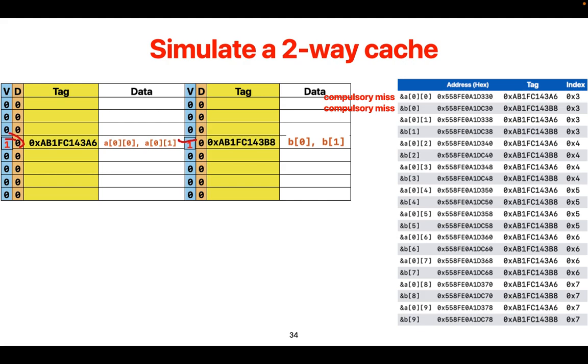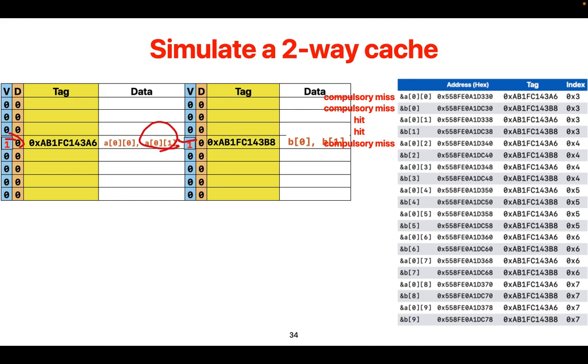So when I access A01, hit or miss? Hit. Why? It's here, right? So this is a hit. When I access B1, hit or miss? Hit, right? Now, when I'm accessing A02, hit or miss? What kind of miss?